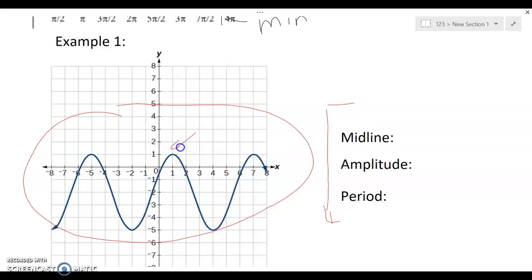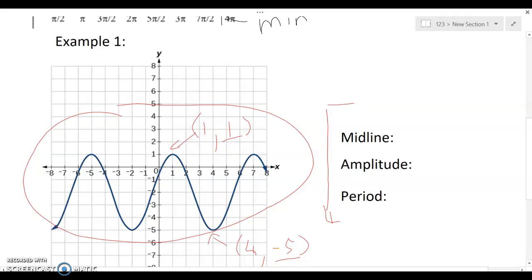Right here, the maximum value of the graph is at 1, 1. And the minimum value of the graph is at 4, -5.